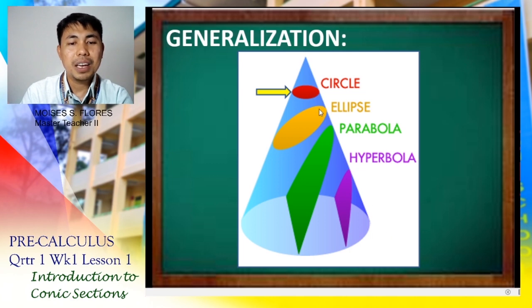On the other hand, an ellipse is formed when the tilted plane intersects the cone to form a bounded curve. For the parabola, the plane intersects only one cone to form an unbounded curve. And lastly, the hyperbola is formed when the plane, not necessarily vertical, intersects both cones to form two unbounded curves.